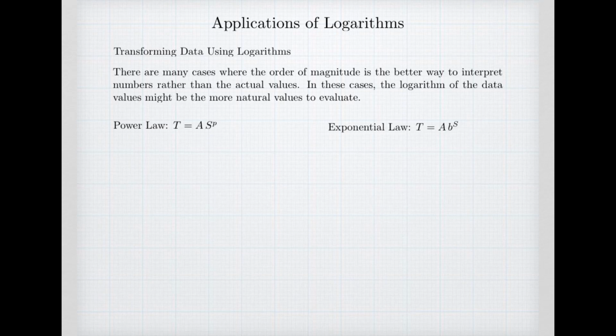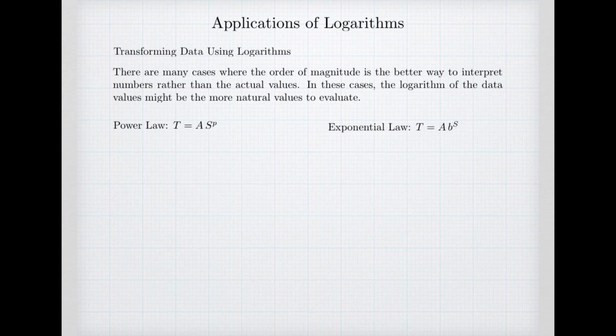And so in those cases, the logarithm is going to be a more natural sense. So the values themselves are spread out multiplicatively, but once I take the logarithm of those values, I just have the order of magnitude, and now those orders of magnitude might have a nice linear relationship.